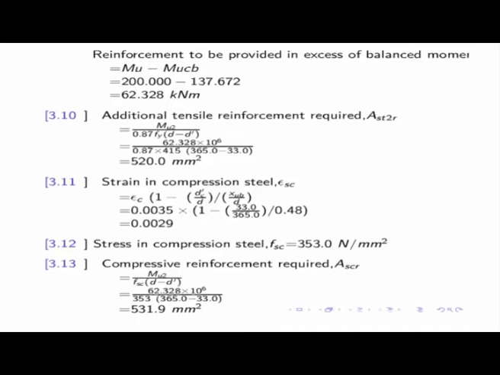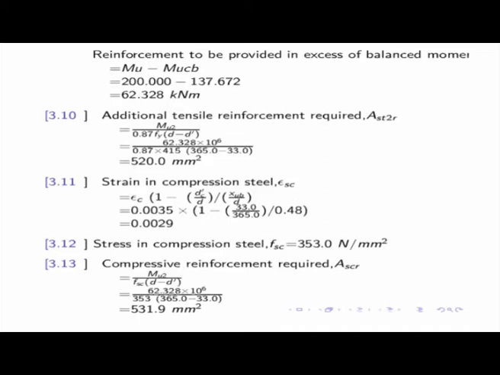So compressive reinforcement required is Mu2 divided by fsc (d minus d dash), which is 62.328 into 10 to the power 6 divided by this, and it comes to 531.9 square millimeter. That means this one is 520 square millimeter, and this one I am getting 531 square millimeter. That means this is more than that.